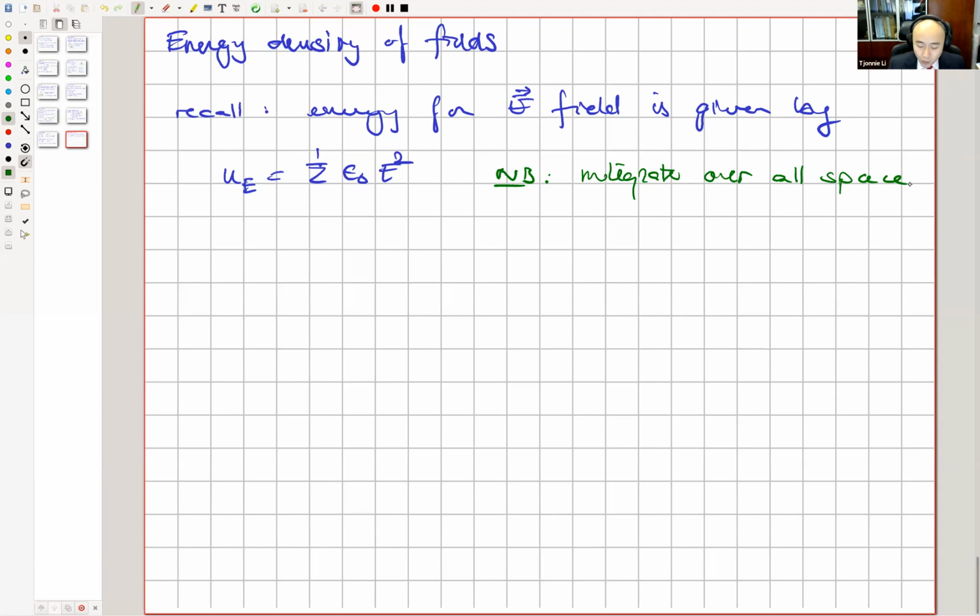Now, there is a reason why I haven't discussed the energy density for the magnetic field. Does anyone, well, can anyone guess what the reason is?